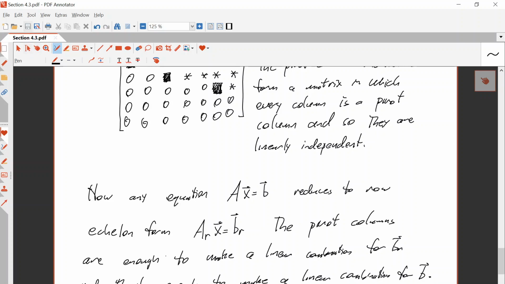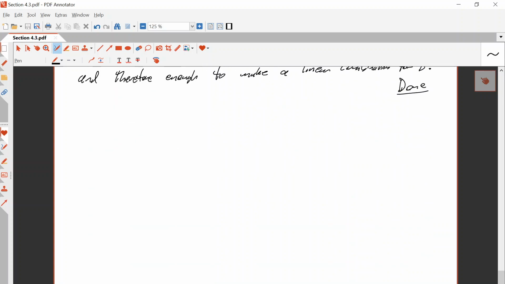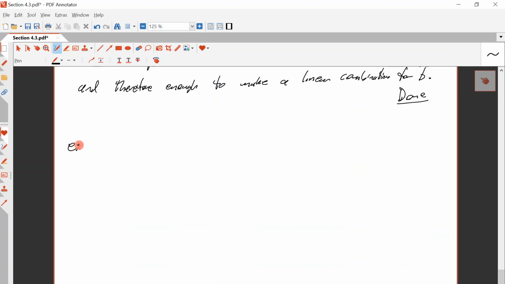Okay, so finding the basis for the column space of a matrix is, again, just reducing to row echelon form.